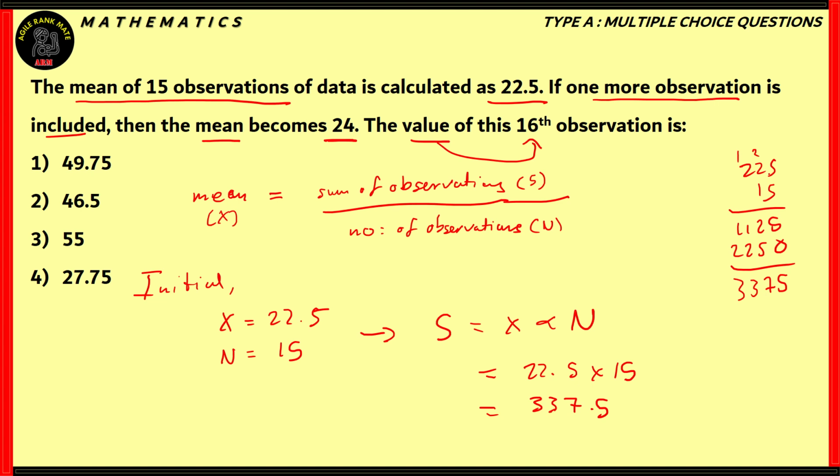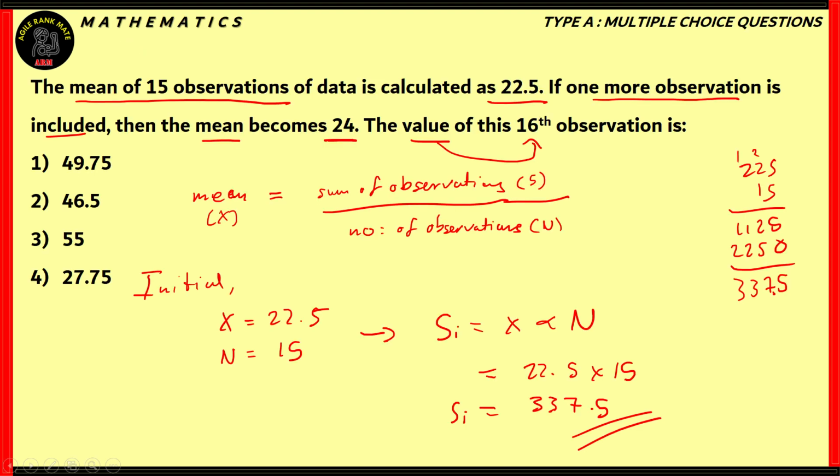And since one of the factors is 22.5, we'll just add in the decimal point, similar to the factor, so it becomes 337.5. So that's the initial sum of observations. Let's consider that to be S initial.